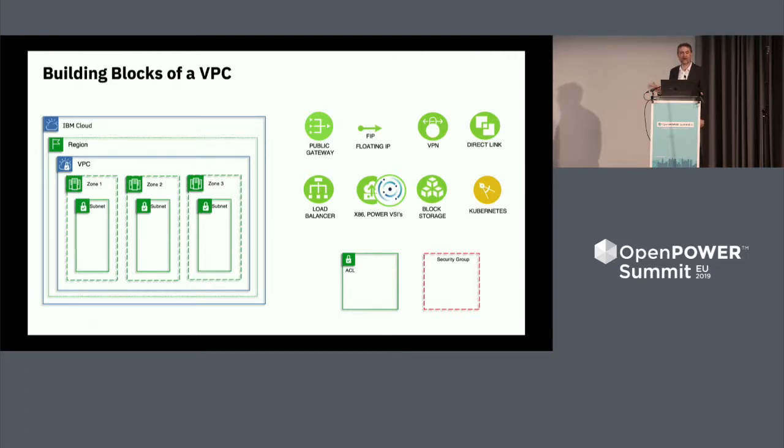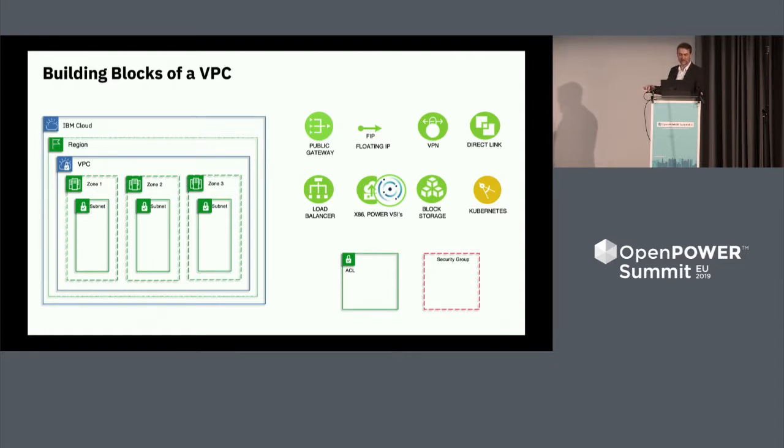Corresponding to that is the FIP, or floating IP resource. You can associate a floating IP with your VSI instance, and then you can connect to that instance with that floating IP. So I can SSH into it using that IP that I've associated, and I'm up and running.